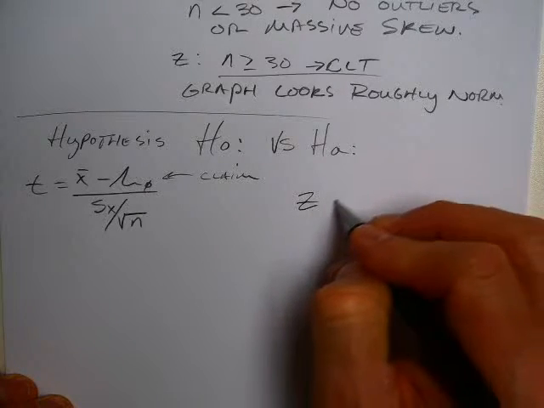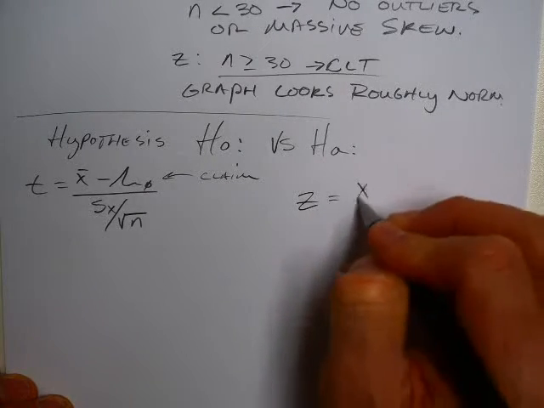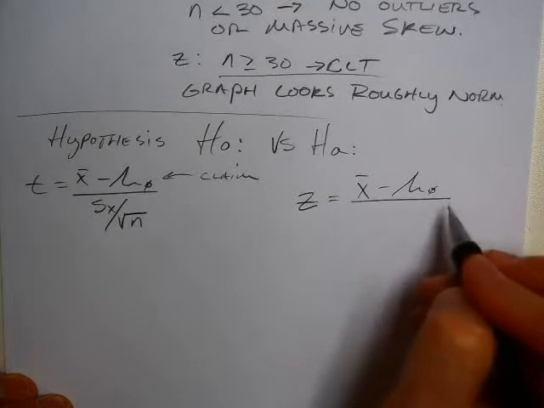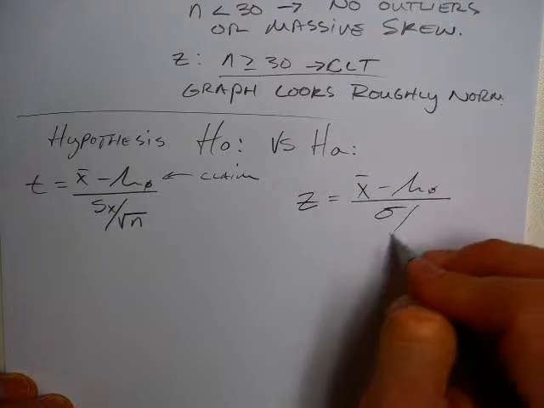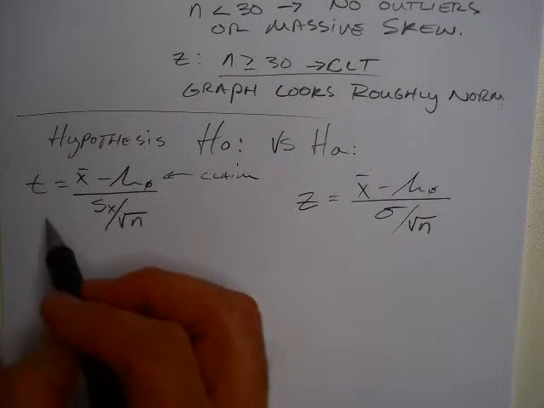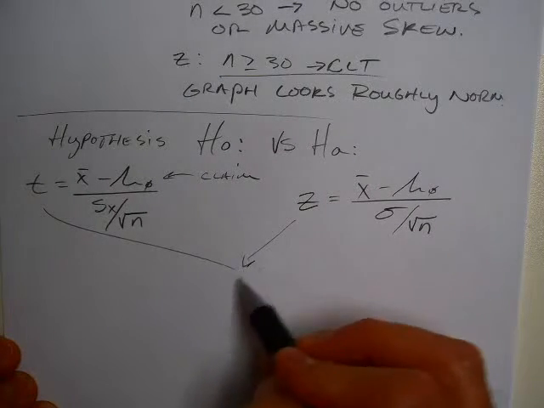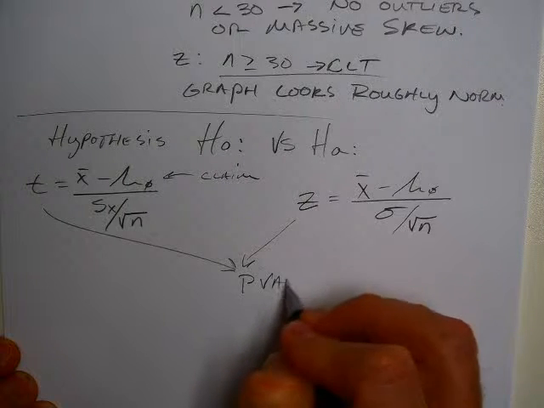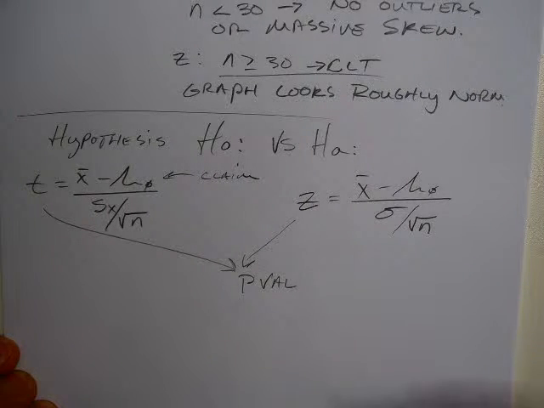So in that case, it's z equals x bar minus mu sub naught, again, just the claim, over sigma divided by square root of n. And then both of these translate to a p-value that we compare to alpha.